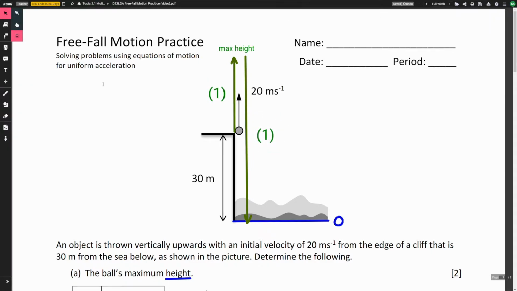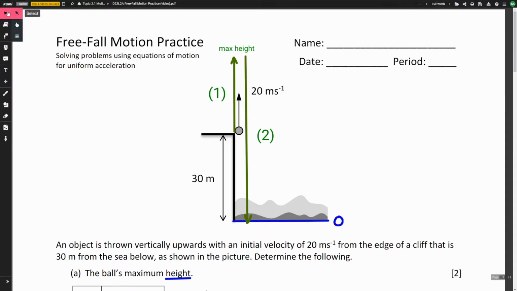What we recognize is that there are actually two motions taking place here. There's an upward displacement, rest, then a downward displacement as gravity pulls it back down to the ground. So we're going to set up this problem as two separate problems. The first part is rising up to the highest point, and the second part is falling down from the highest point.